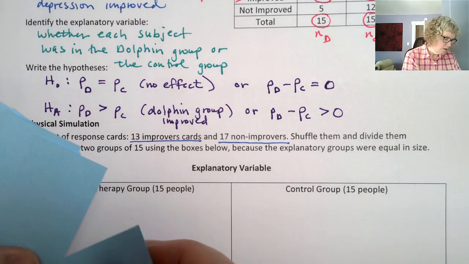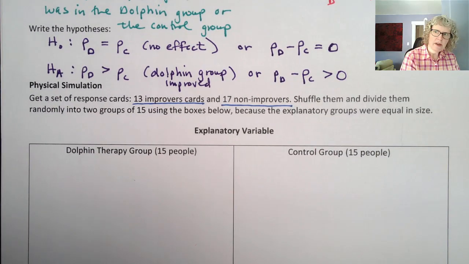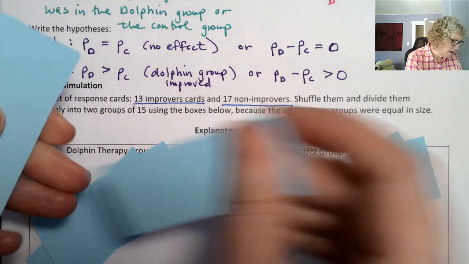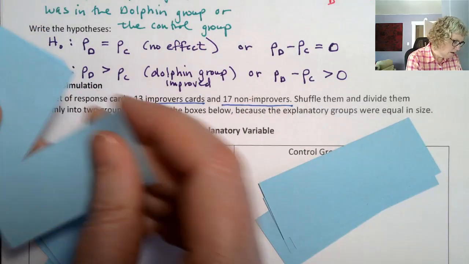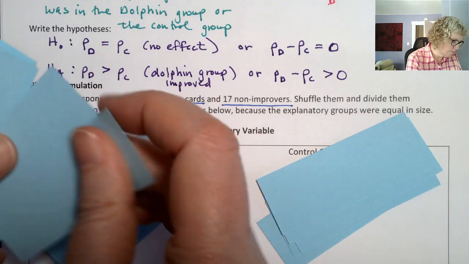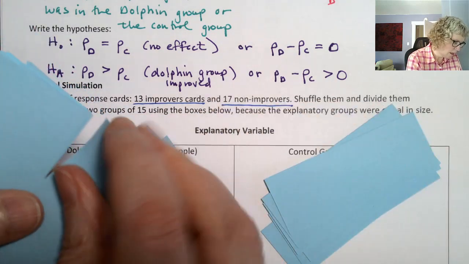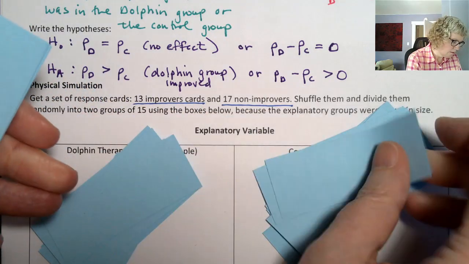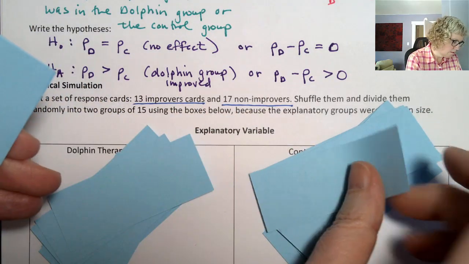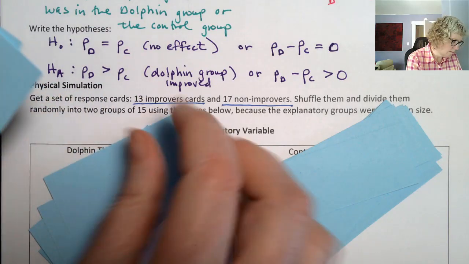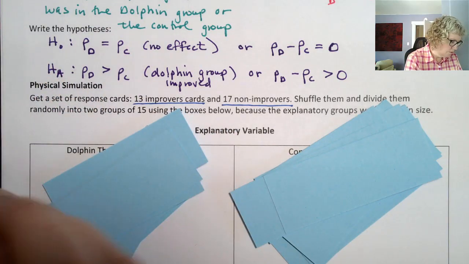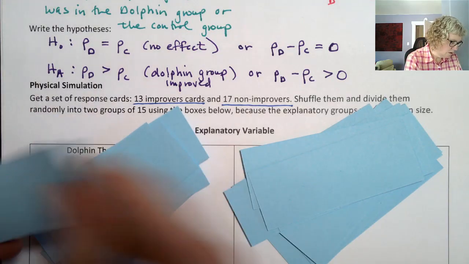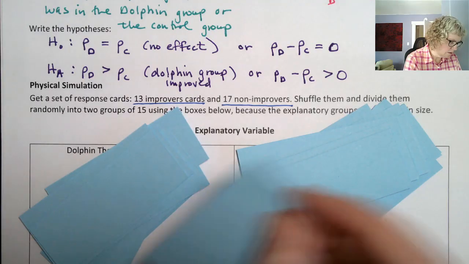So I'm going to deal these out. Since they happen to be equal, I'm just going to go every other. I'm going to do 3 simulations: 1 with this set and 2 with the regular playing cards.